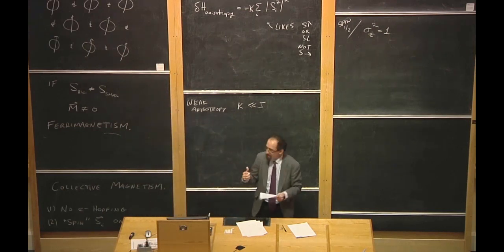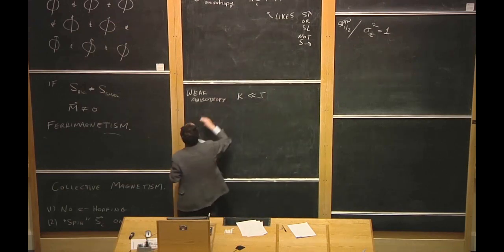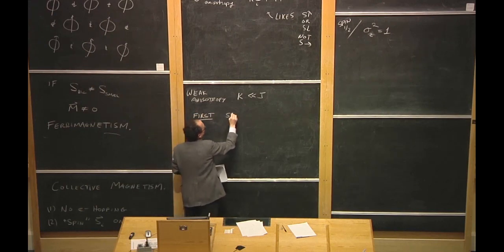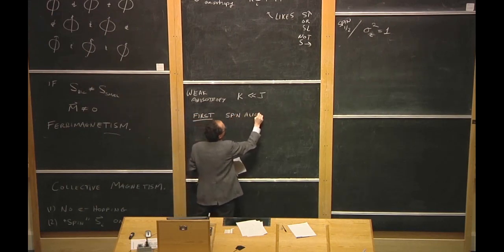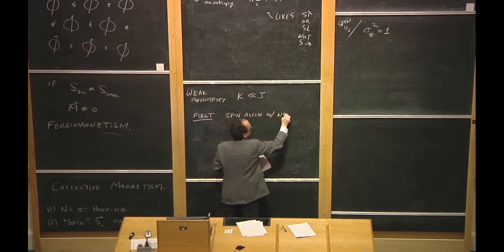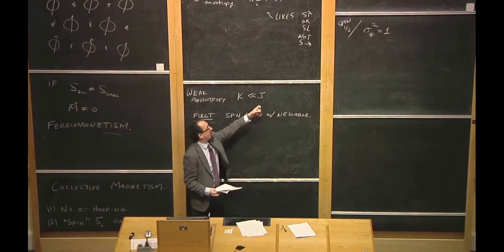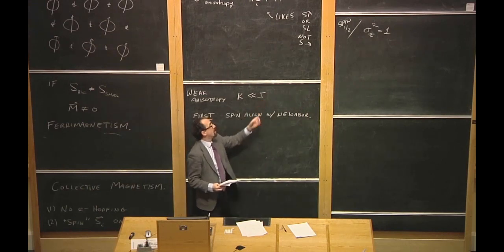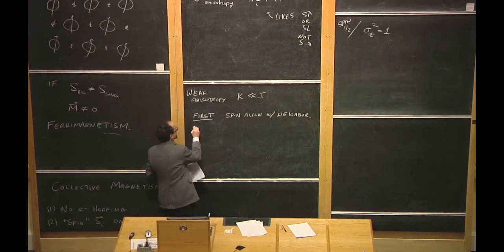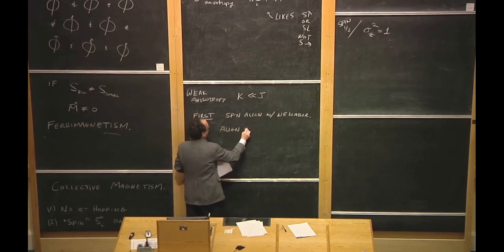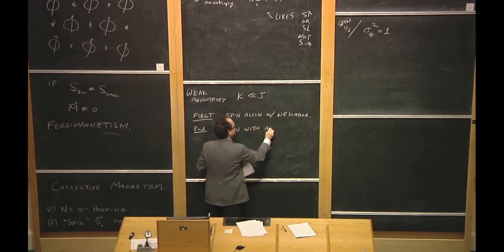Now, in this case, what one has to do first, or most importantly, is to have spins aligned with neighbors. I say that first because it's most important to align with your neighbors, since J is the big energy scale in the system. Once you've aligned with your neighbors, second, you align with the anisotropy axis.